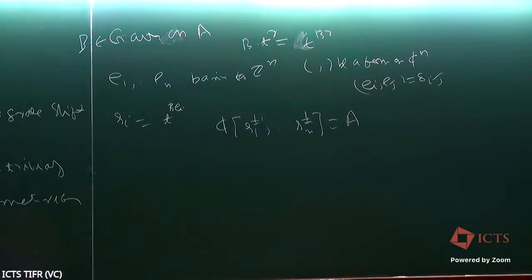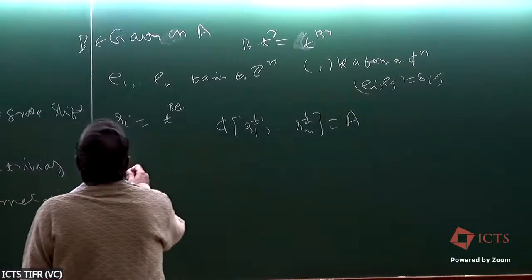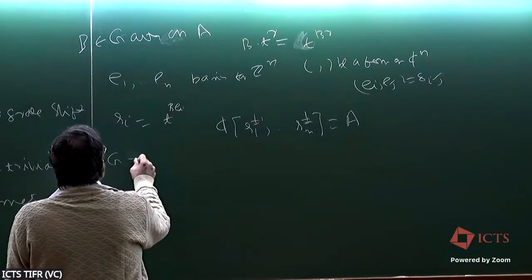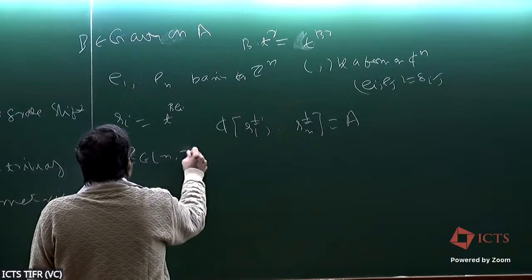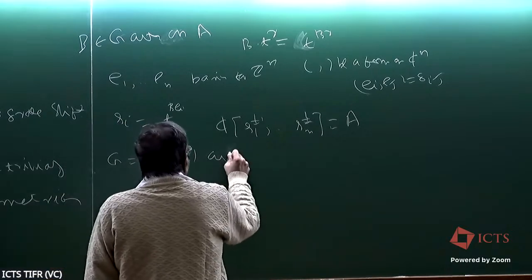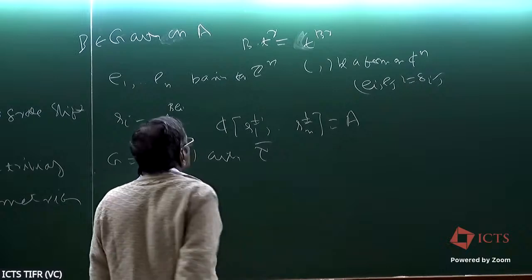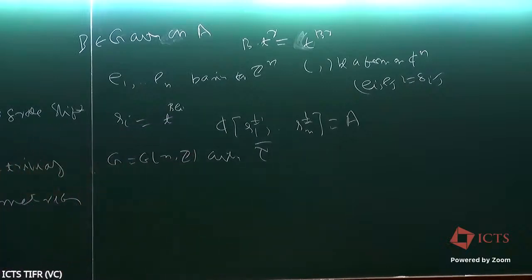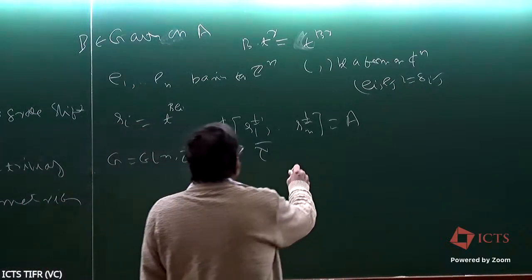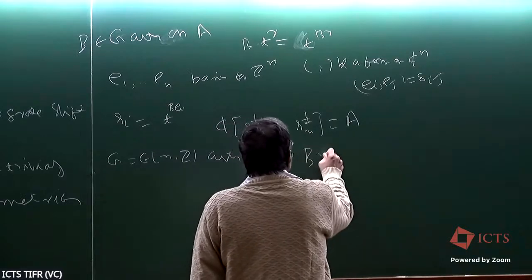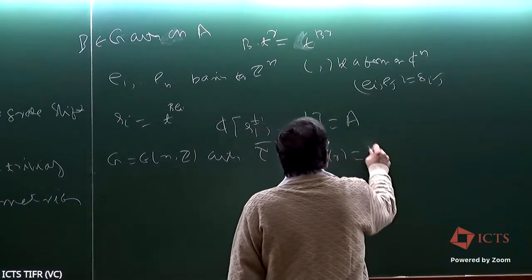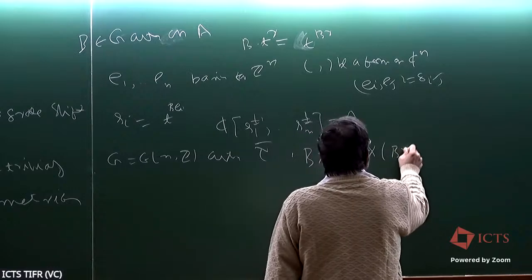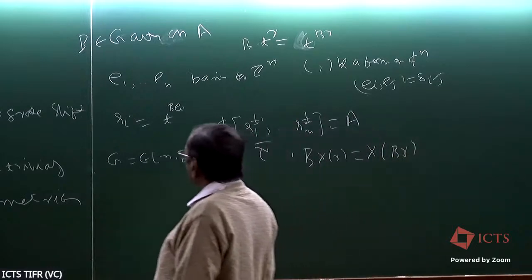Okay. Now, G, which is GL_n(Z), acts on tau bar. Okay, let us see how it acts. So B sends XR to XBR, as simple as that. I need small notation.